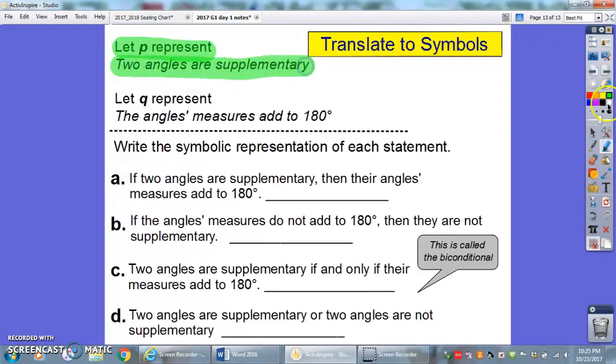Alright, then we have another letter, letter Q, to represent the statement the angles measures add up to 180. Okay, so we have 4 different statements we have to translate. Alright, so basically we're going to replace the statements with the letter that represents them. And then we're going to also use the symbols.